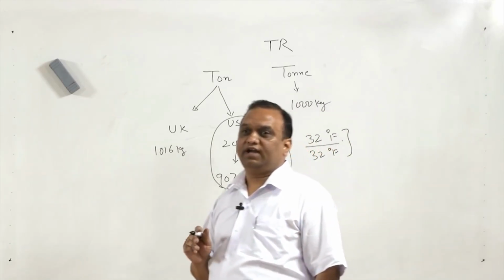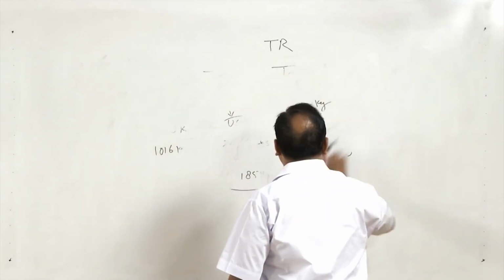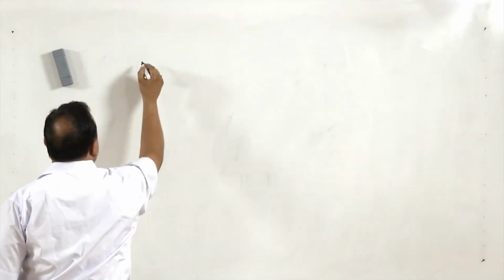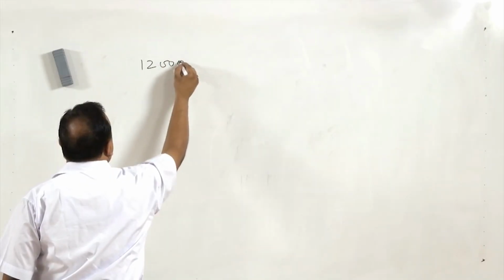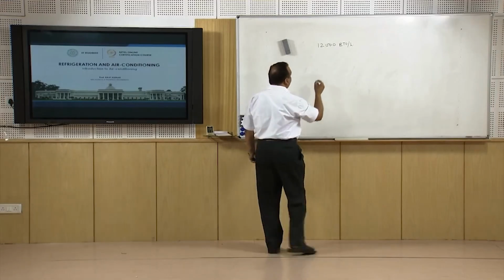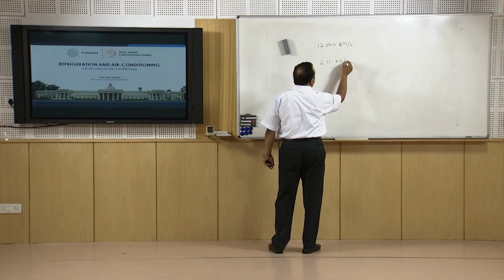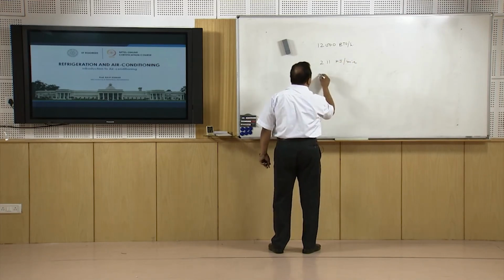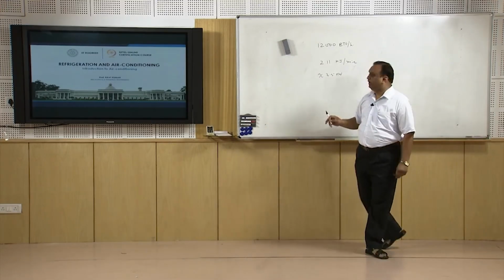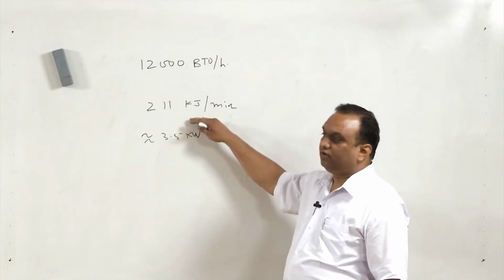So that heat removal rate is known as 1 ton of cooling, and I have told you earlier also that 1 ton of cooling is equivalent to 12,000 British thermal unit per hour, and which is 1 ton of cooling is 211 kilojoules per minute, or approximately 3.5 kilowatt. So, wherever a cooling of the order of 3.5 kilowatt is provided, we say that the cooling is of the order of 1 ton of cooling.